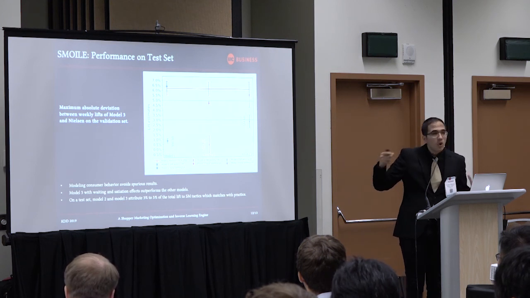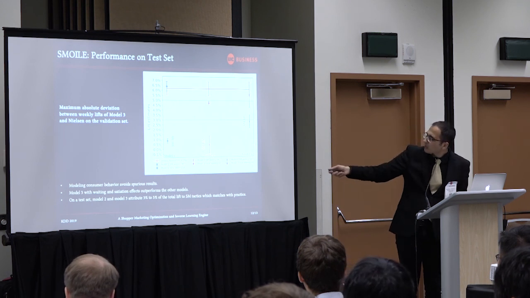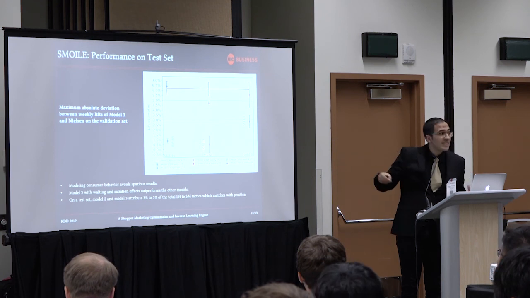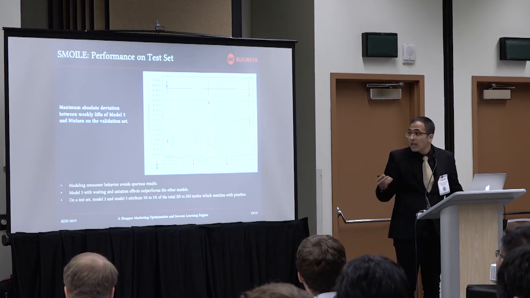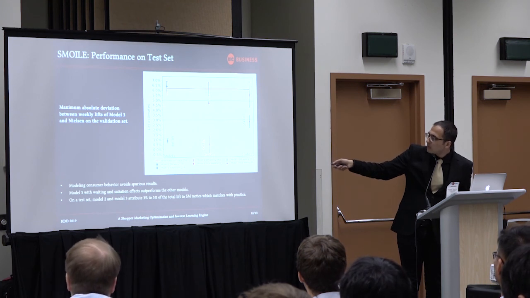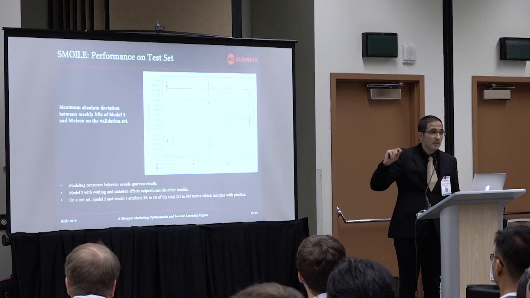However, when we incorporate the consumer's behavior in Model 2 and Model 3, we see that there is a gap that we can't explain, which makes sense. And you can see that the shopper marketing in Model 2 explains 0.5% of the total lift, which is very small.